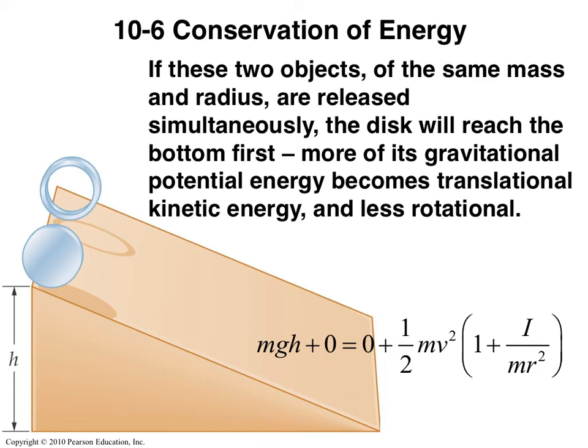If you have a disk that is solid and uniform, so all the mass is uniformly distributed, then you can show that the moment of inertia is 1/2 mR squared. And so on and so forth.